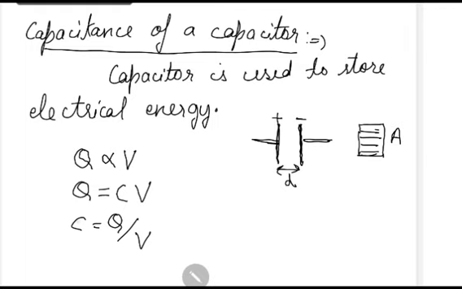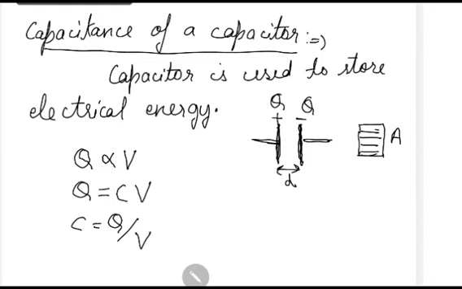So to find the value of capacitance, we have to find the value of Q upon V. Suppose this positive plate has the charge plus Q and this negative plate contains the charge minus Q, meaning both plates have the same magnitude of charge but of opposite polarity.